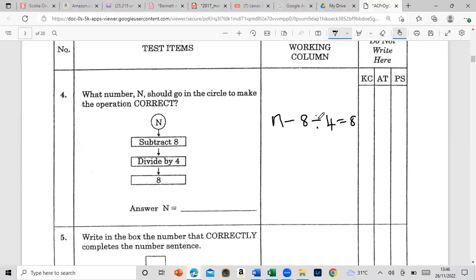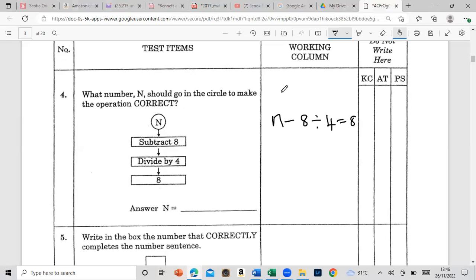Somehow this is just kind of tricky. All right, so let's go. So it says n is such a number. When you subtract 8 from it and divide by 4, you get. All right, so basically I'm thinking the only number that when you divide by 4 you get 8 is 32. So I'm thinking this would be 38.